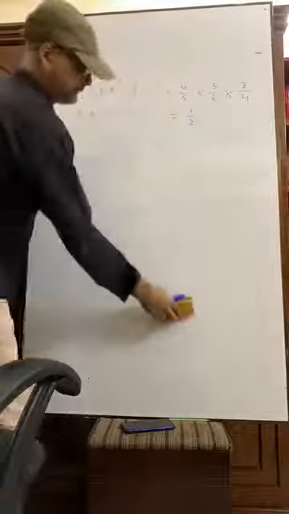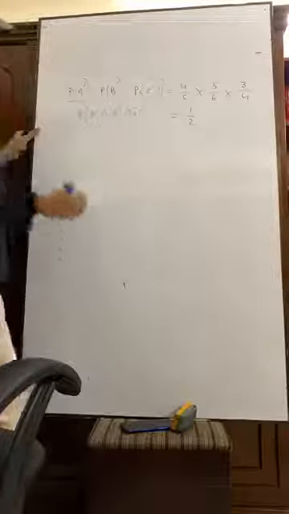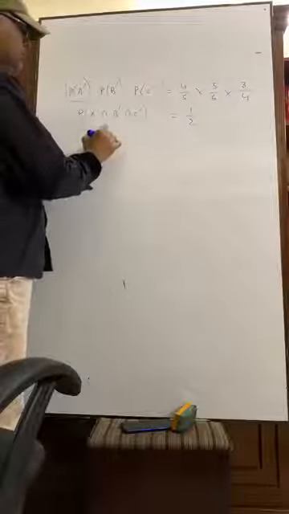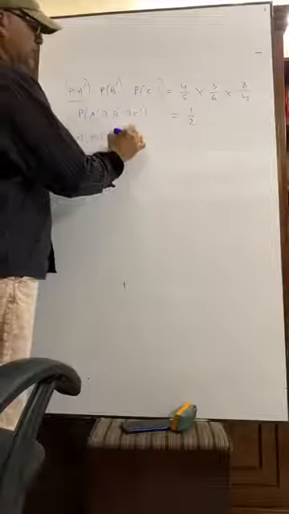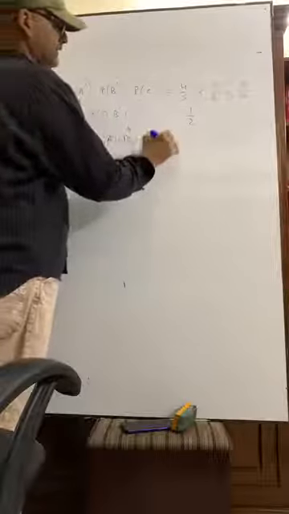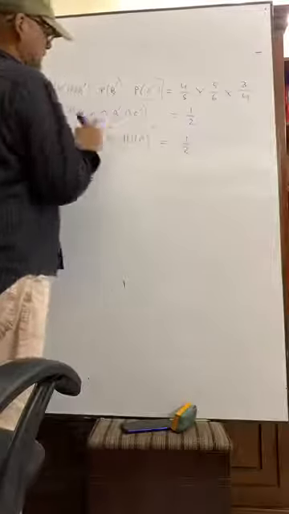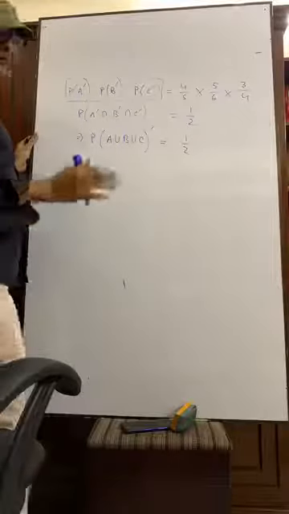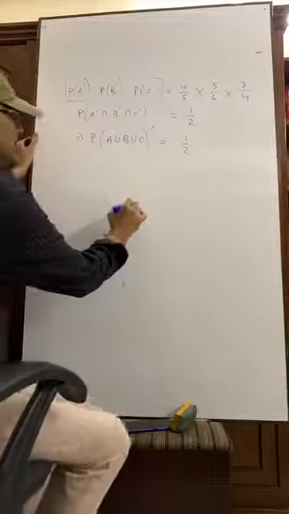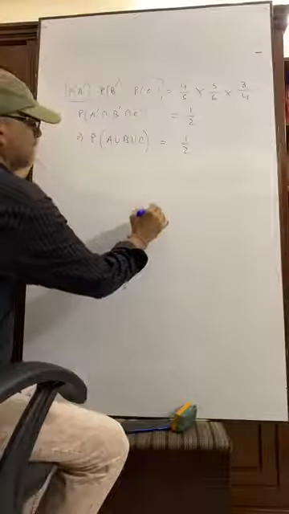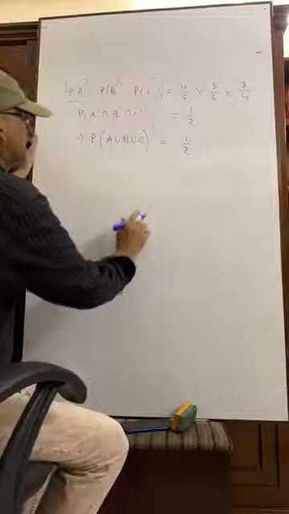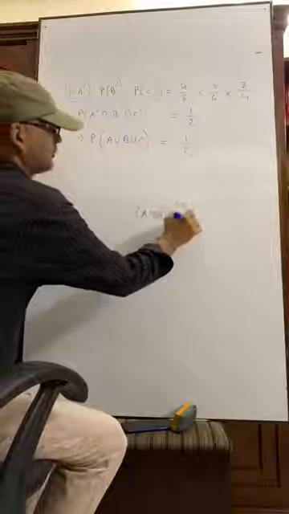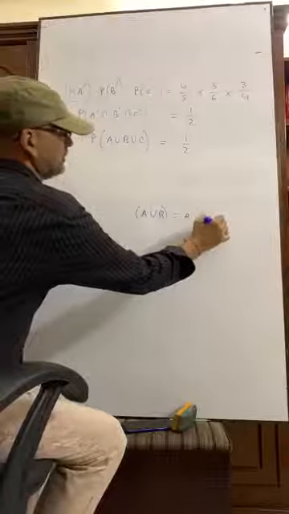Now, De Morgan's law: P of A union B union C complement is equal to half. These and these are the same. Perhaps you have got it. A union B complement is equal to A prime intersection B prime.